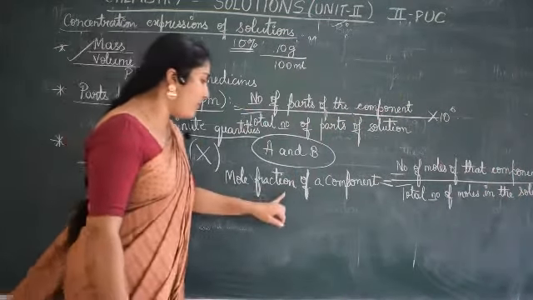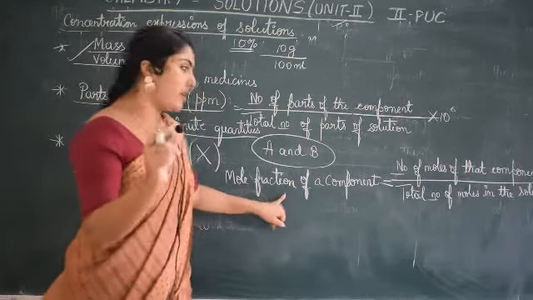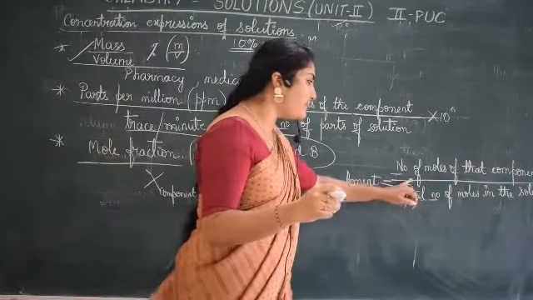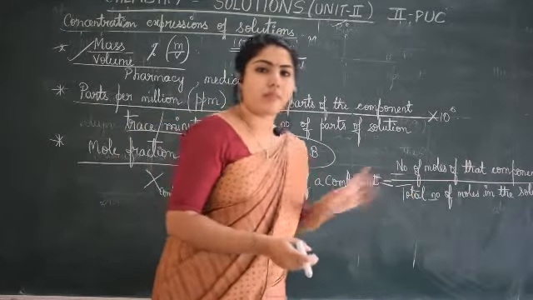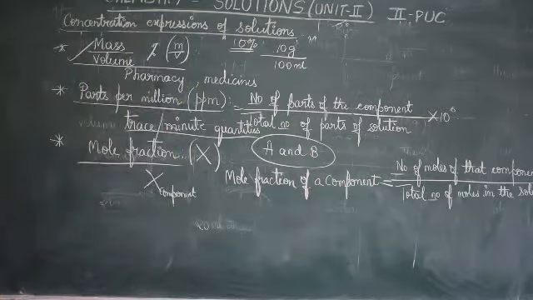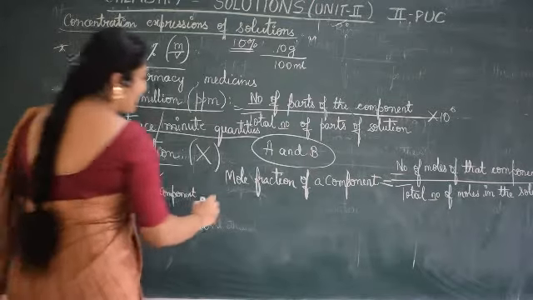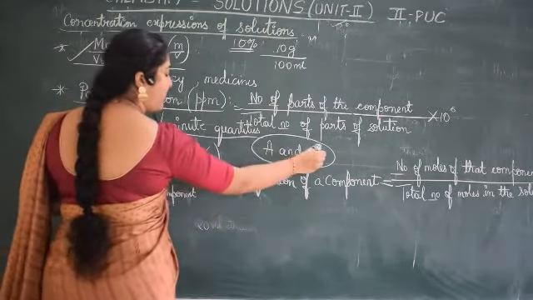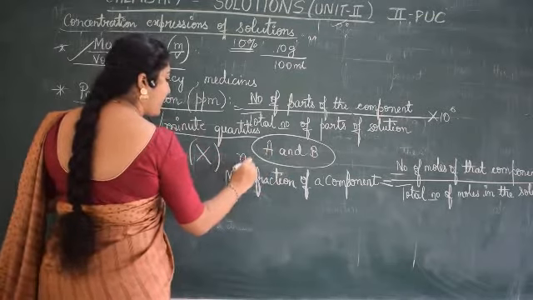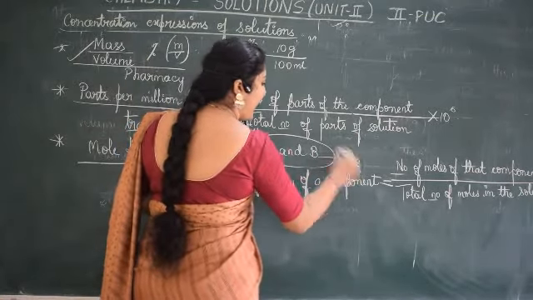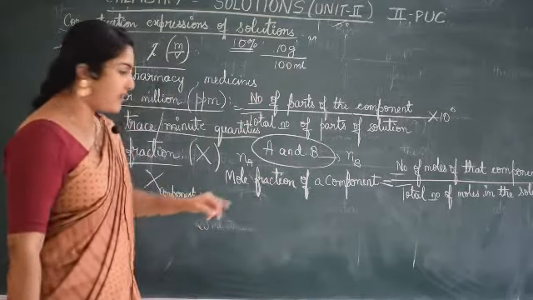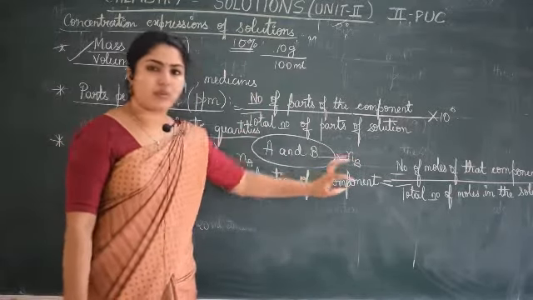So if you want to measure the mole fraction of one particular component, then you have to see how many moles of it are present in the total number of moles in the solution. For example, for A and B, number of moles of A is Na, number of moles of B is Nb.